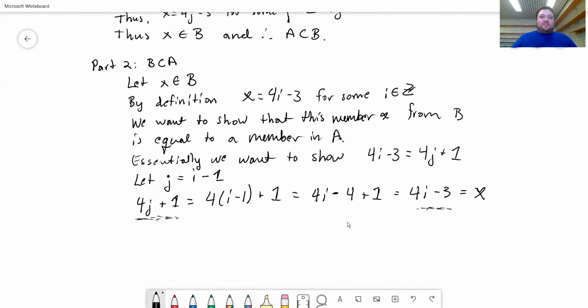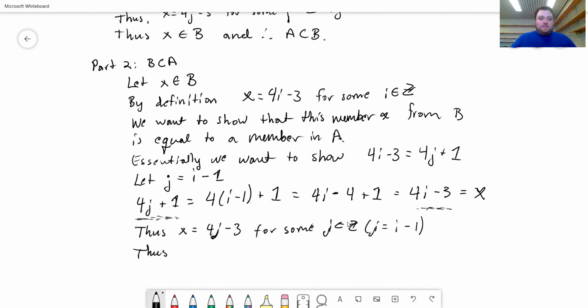And so what we've essentially shown, thus, x is equal to 4i minus 3 for some i, which is an element of Z, and this is 4j plus 1 for some j, where j is equal to i minus 1.